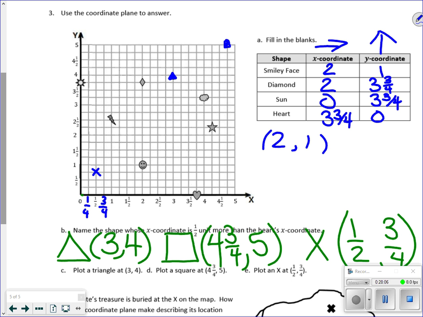I saw all kinds of people putting it way up here. It's not 3 3/4. It's 1/2 and 3/4. Your y coordinate is 3/4, so your y is not even at the 1.